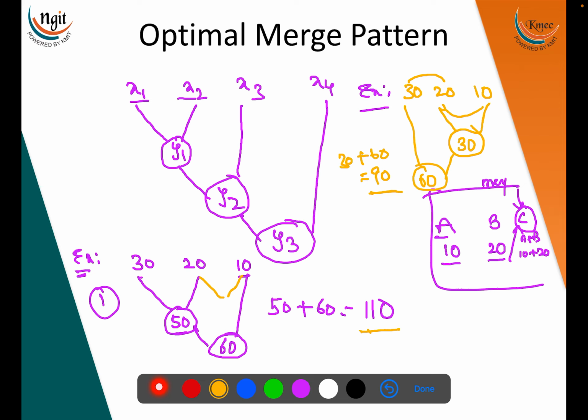So here it is also a minimization problem. So what is the greedy method? Greedy method is a technique that can be applied either for maximization or for minimization. So optimal merge pattern is a minimization problem. We are going to apply the greedy method on it. How can I apply the greedy method?